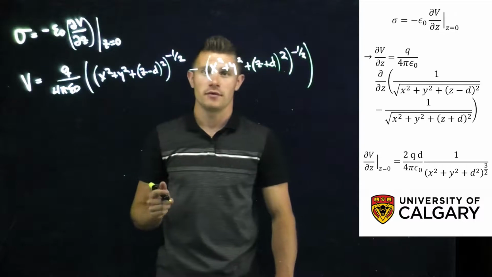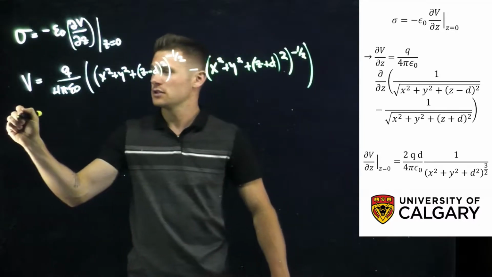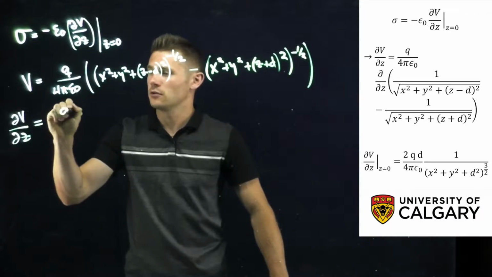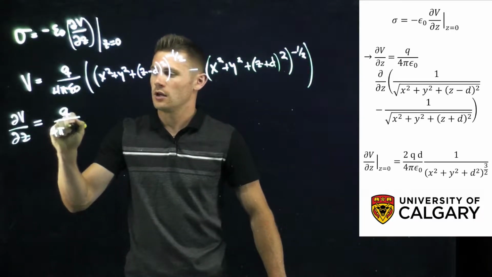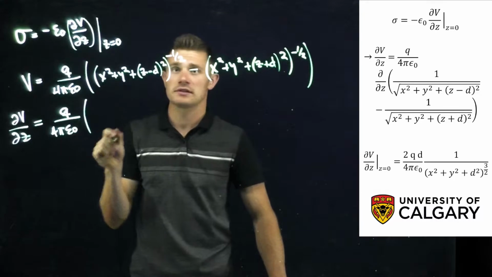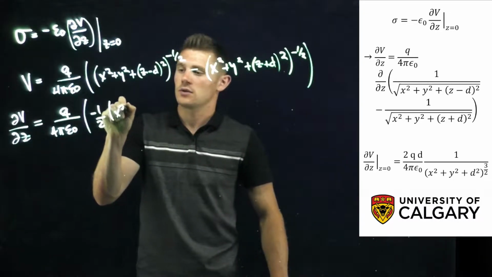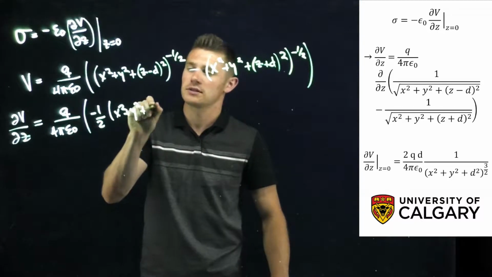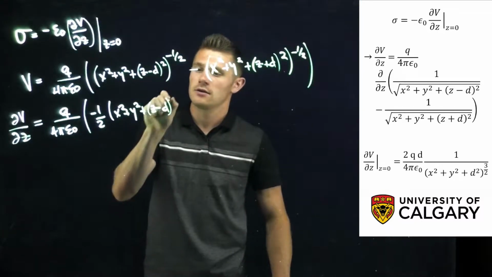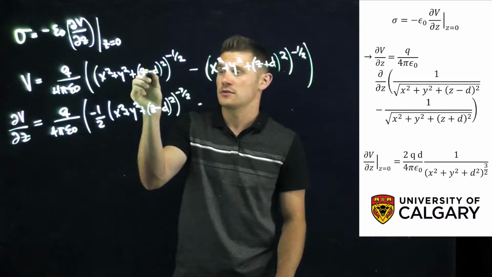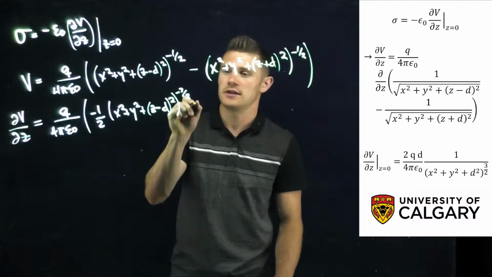So we want to take the derivative of this equation with respect to z. dV by dz is equal to Q over 4 pi epsilon naught, which doesn't change because it's constant. We take the derivative here. We get negative 1/2 times (x squared plus y squared plus (z minus d) squared) to the negative 3/2, times the chain rule, so we take the derivative of the inside as well.